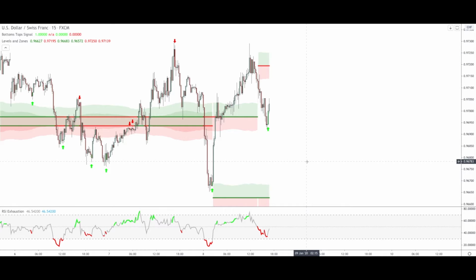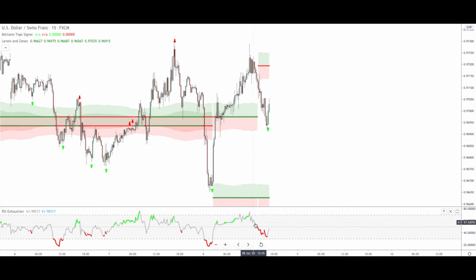Why? Well, because as you can see here, we had the RSI which was way oversold and also exhausted. You see the bearish exhaustion because the RSI is red. Then it went all the way up to overbought, and it also got bullish exhausted when it was approaching the overbought situation.